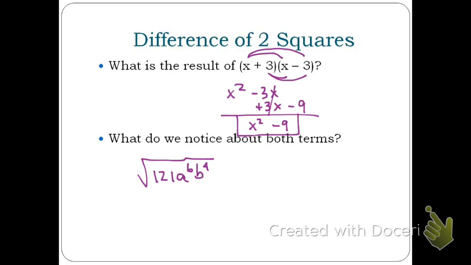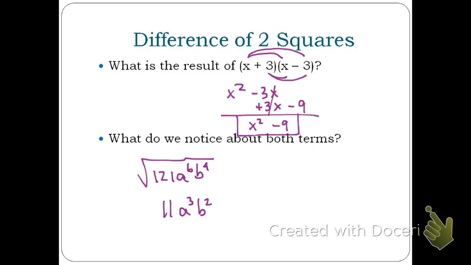We simplified that. Remember, a coefficient can be simplified, so 11, and if we want to take the square root of any exponent, you just divide it by 2. So 11 a to the 3rd power, b to the 2nd power.